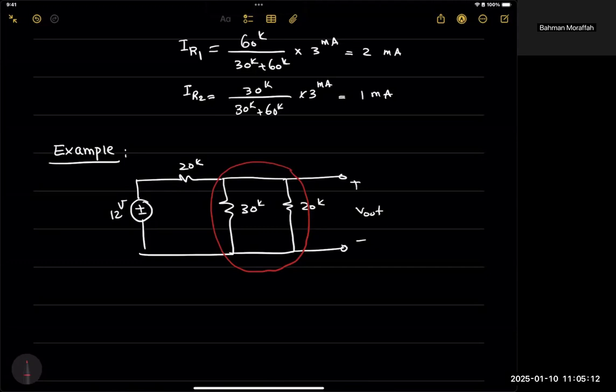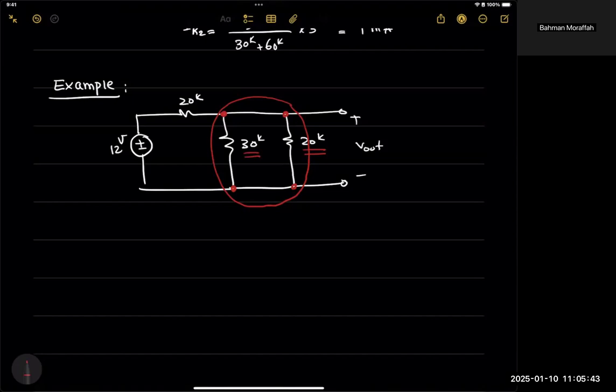But how can we combine these two? If you look at it, this 30K resistance is in parallel with this 20K resistance. Why? Because they actually share the exact same head and the exact same tail. So if I combine these two, I can use the formula for the parallel connection.